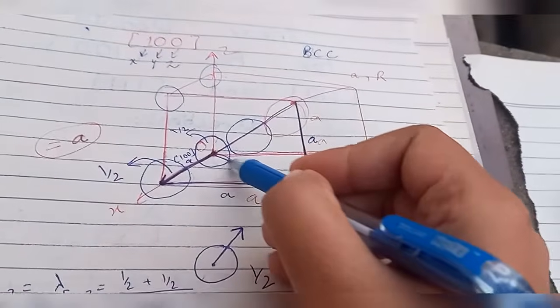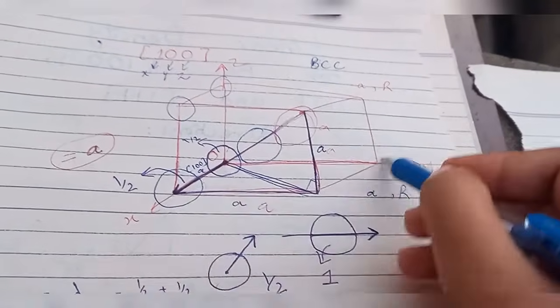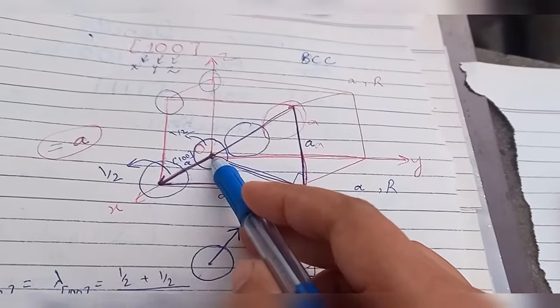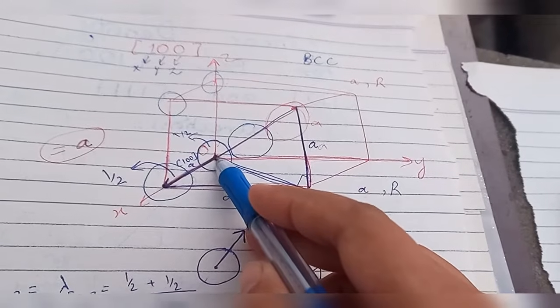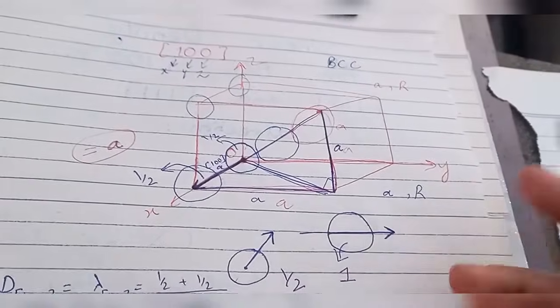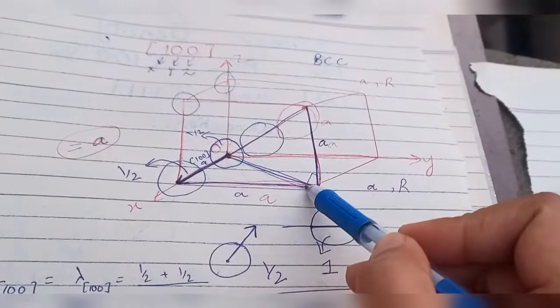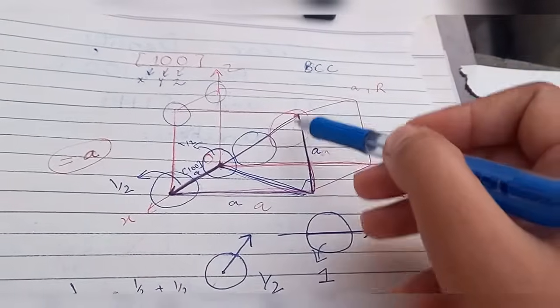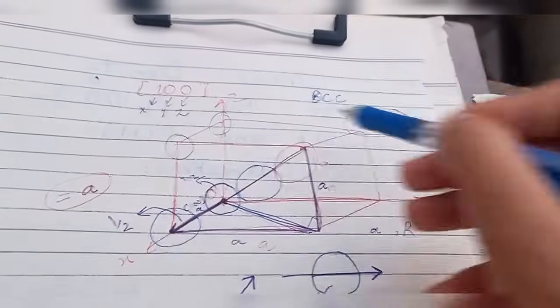This is a diagonal length and it is not parallel to either the x or y axis, that is why it is not a, it will be different. Since it acts as a hypotenuse between this base and perpendicular, we can use the Pythagoras theorem to find its length, and after finding it we'll use the Pythagoras theorem again to find the relationship between a and R for the BCC system.